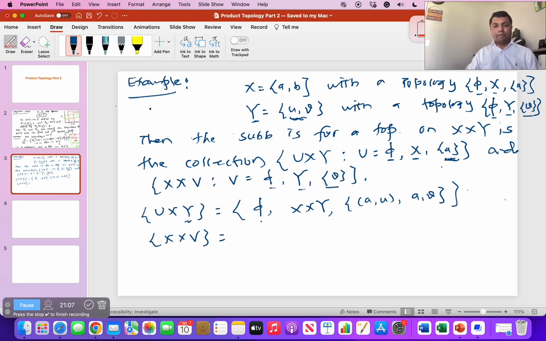When you take the Cartesian product of X with the empty set, that's going to be the empty set.